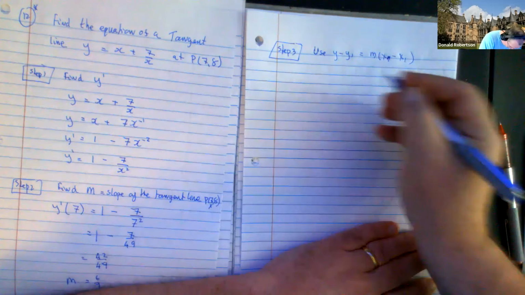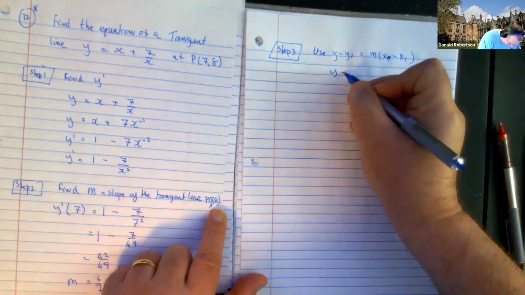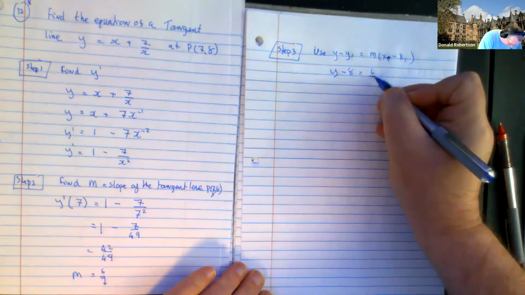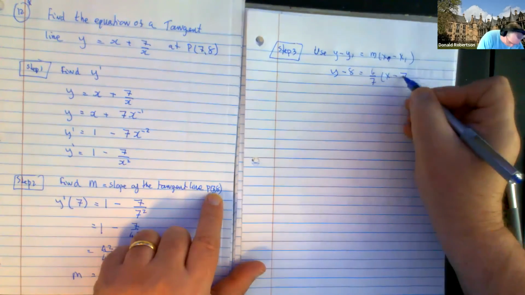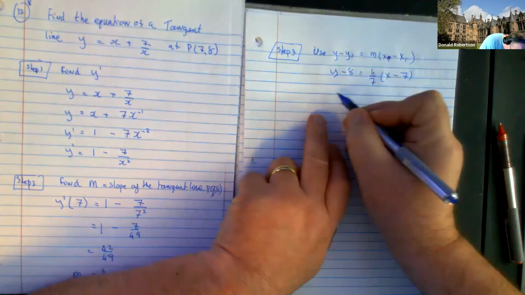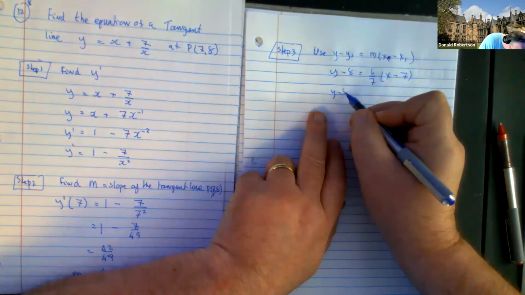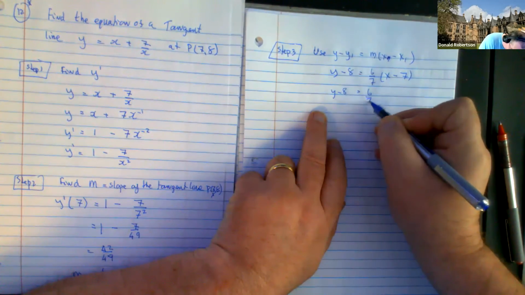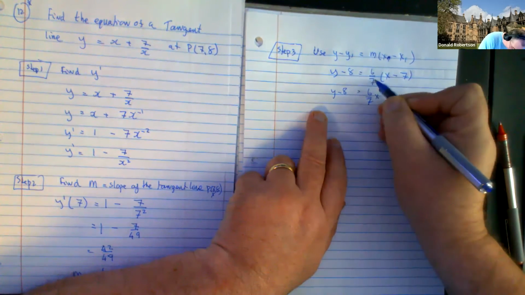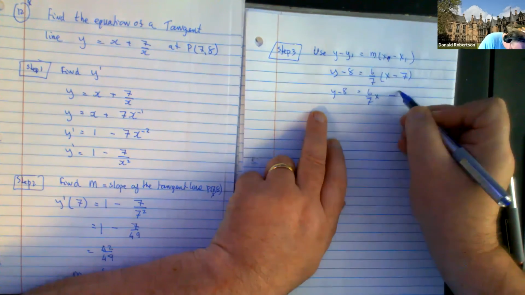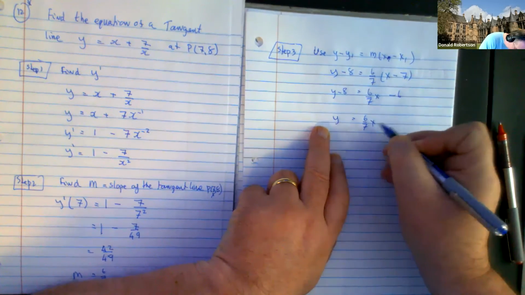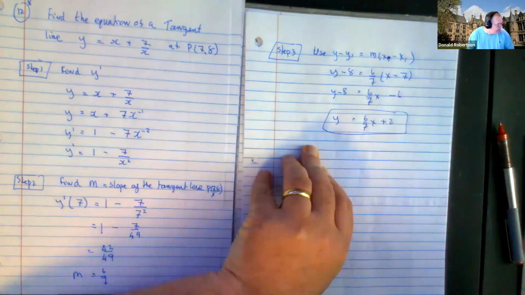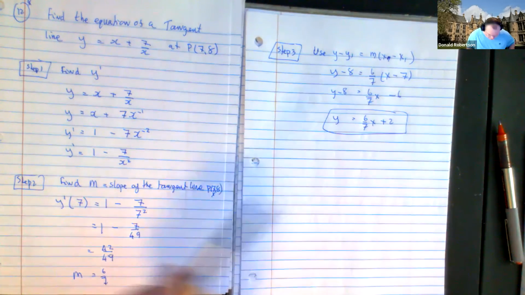So it's going to be y take away 8, the slope, x take away 7. Distribute the 6/7. 6/7 x, take away 6. Add 8 to both sides. And you are finished. There is the equation of your tangent line.